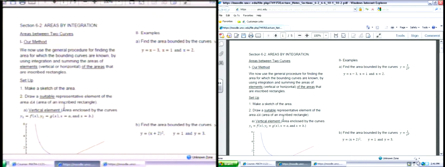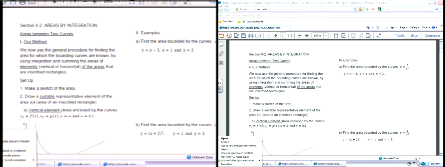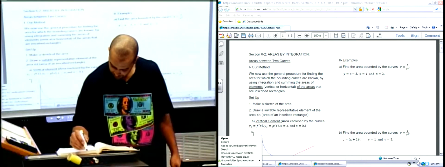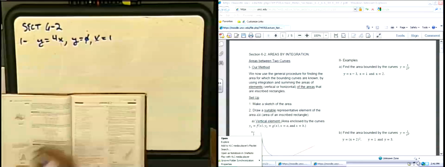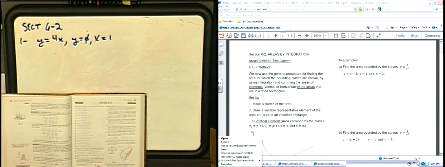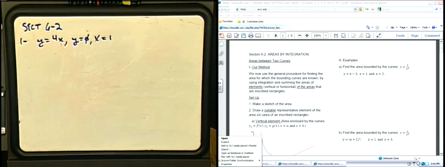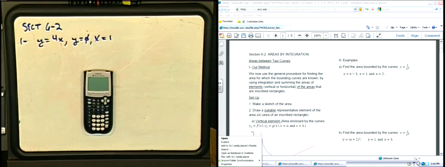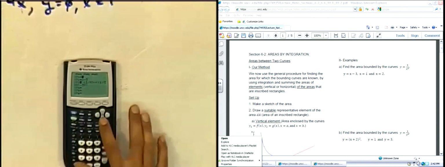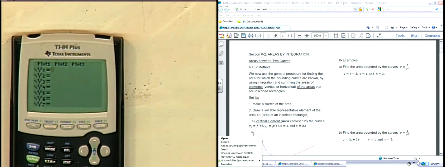Problem number 1 from homework from section 6.2 reads: y equals 4x, y equals 0, x equals 1. First graph the function. Y equals 4x.